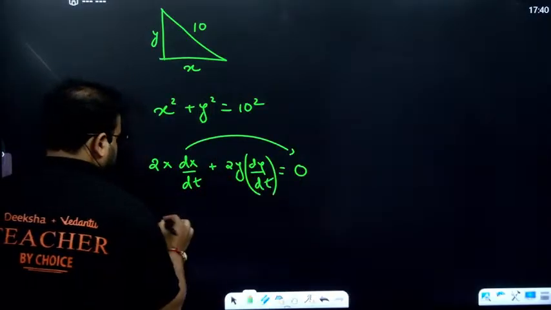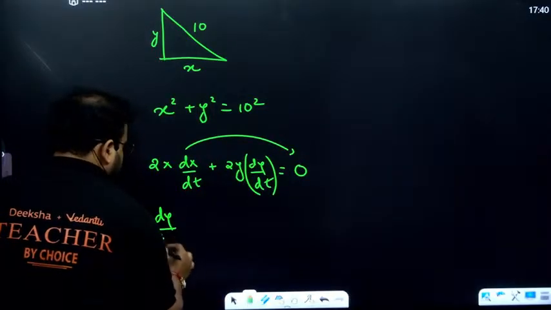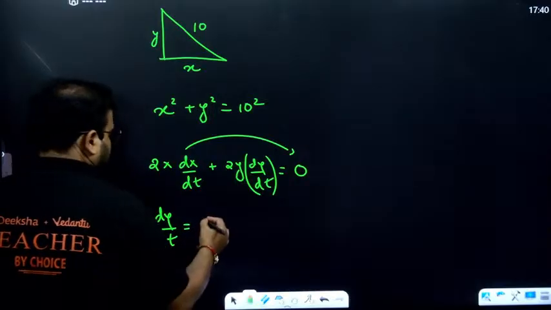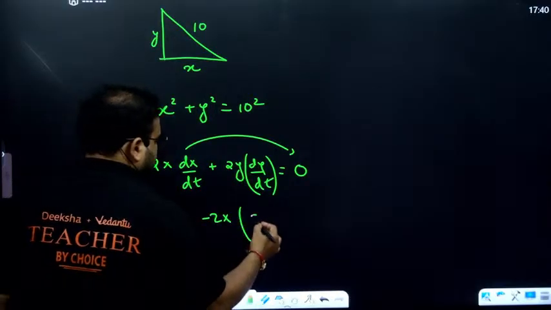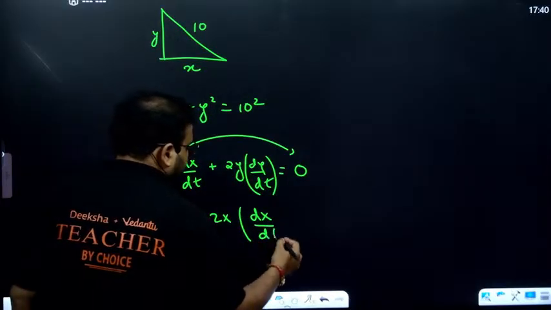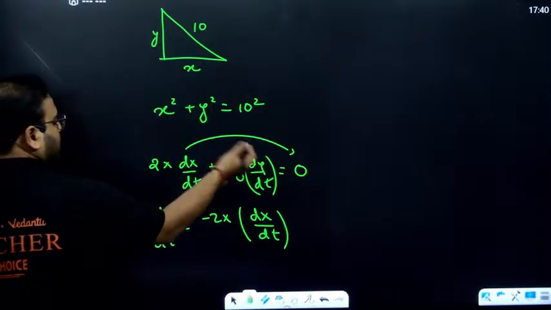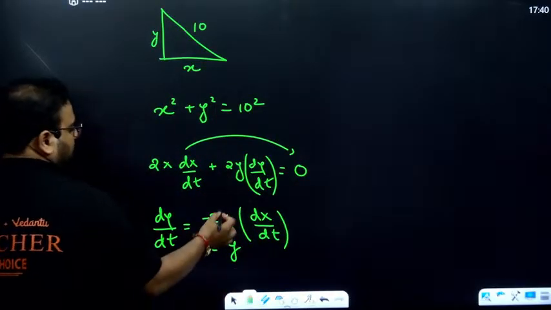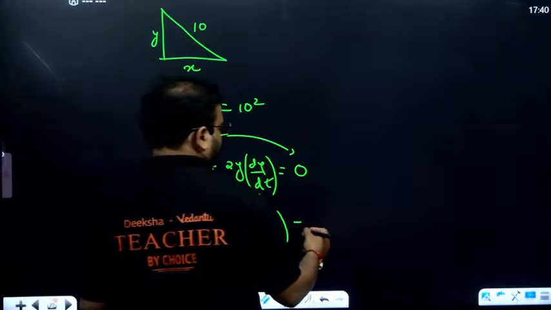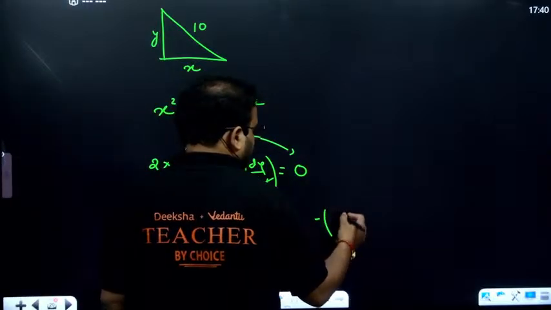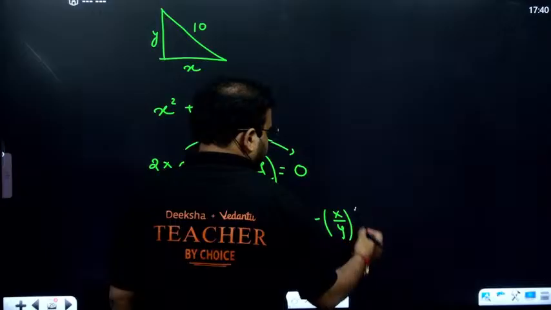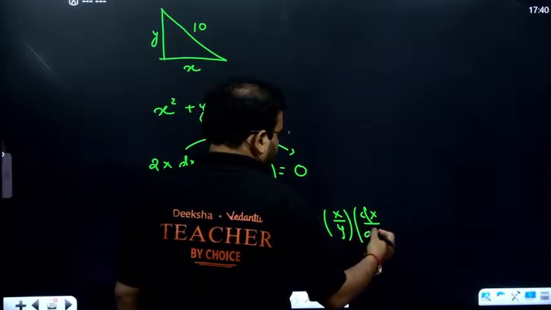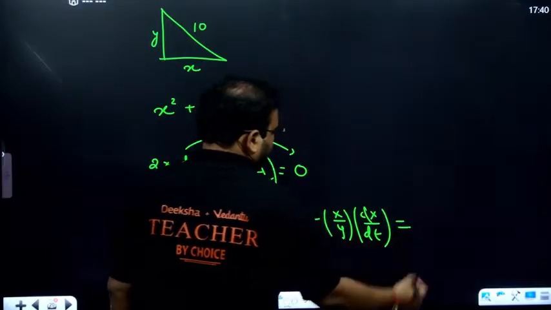First I'll take this, so I get dy by dt equals minus 2x dx by dt, divided by 2y. 2 and 2 cancel. I'm getting minus x by y dx by dt, for which we have the values known.